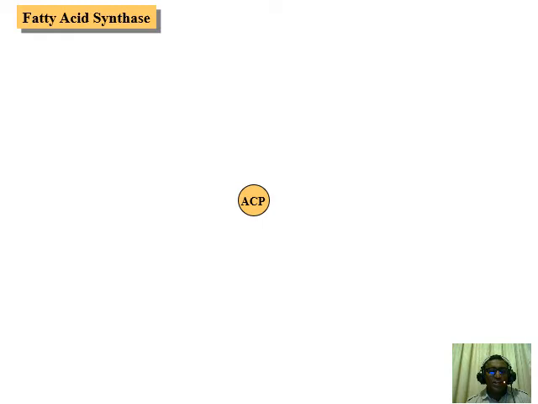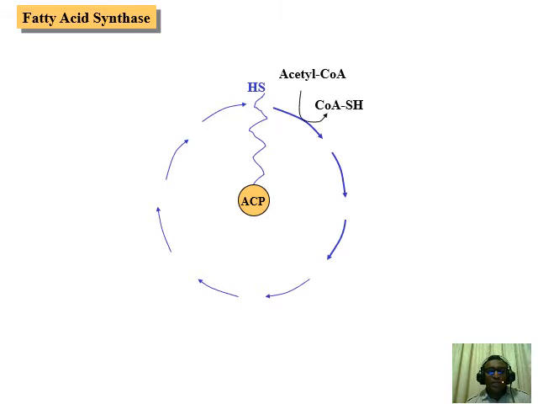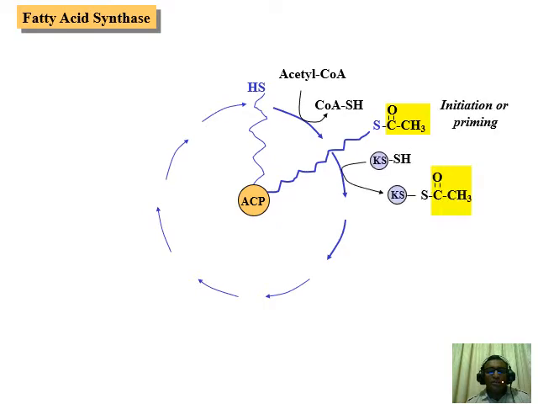So we start the explanation by having the fatty acid synthase component ACP, where it is free to react with acetyl coenzyme A to become acetyl ACP. However, the acetyl ACP will transfer the acetyl group to the condensing enzyme.